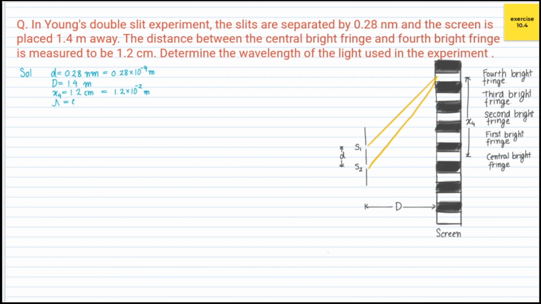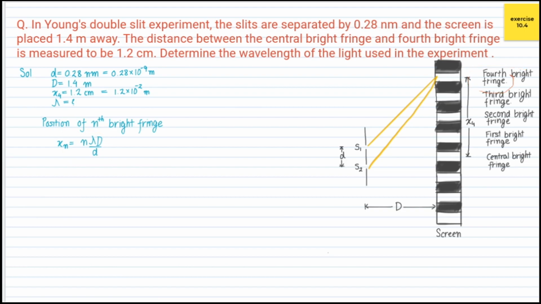Now since we are looking at the bright fringe, we have already derived the position of the nth bright fringe: xn equals n lambda D upon d. So this n is the order. Which order of bright fringe are we considering? 4.